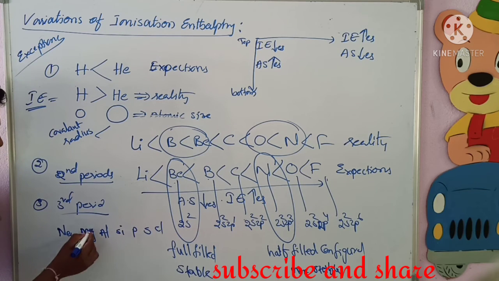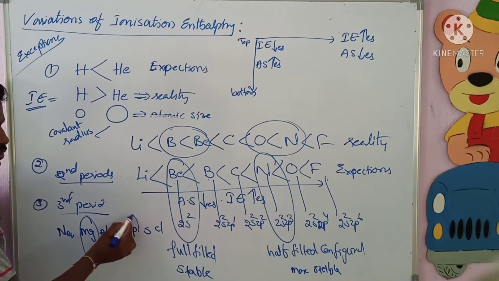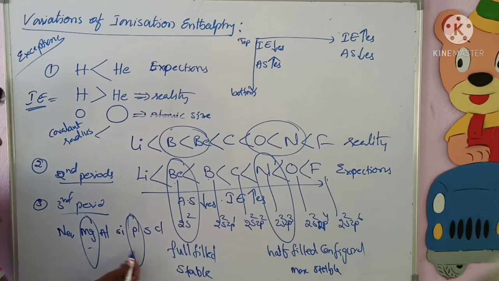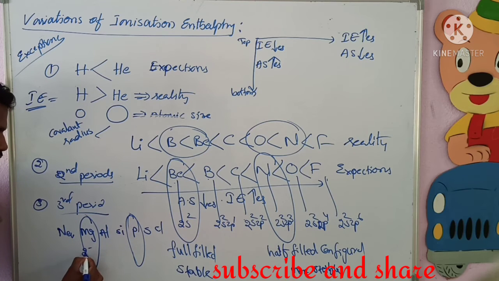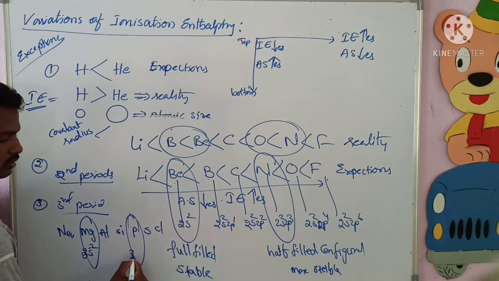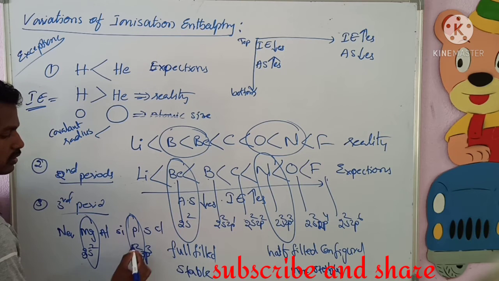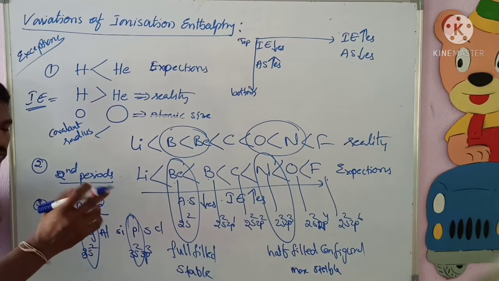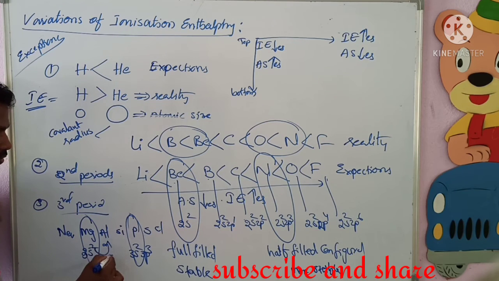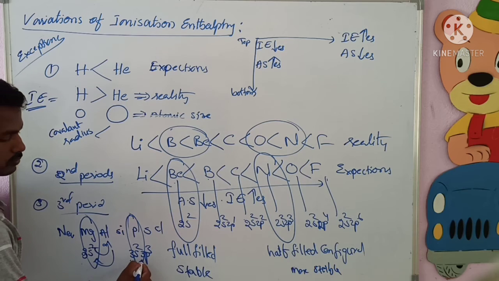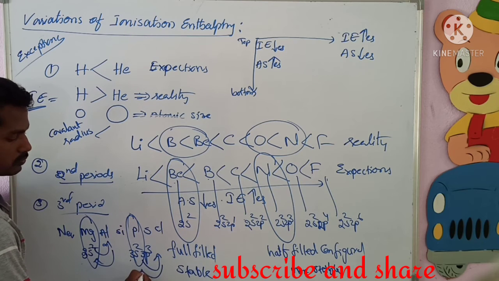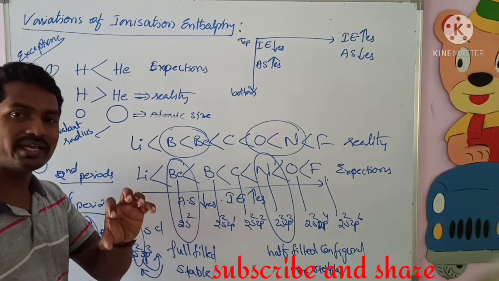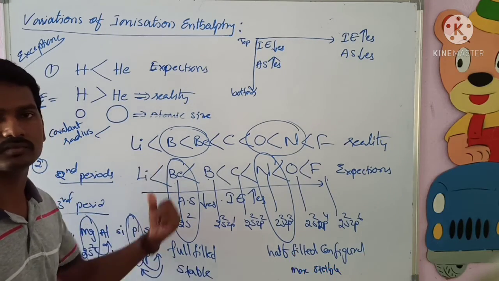Magnesium shows a special nature, and so does phosphorus. Magnesium has 3s2 configuration and phosphorus 3s2 3p3. They do not obey the regular order and show some deviation. So these are some exemption cases in periods.